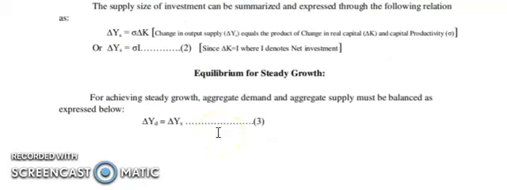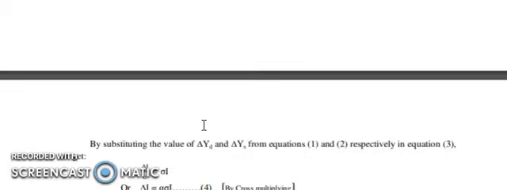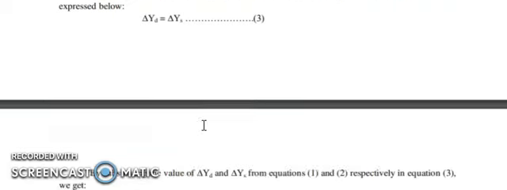Equilibrium for steady growth: for achieving steady growth, the aggregate demand and aggregate supply must be balanced, as expressed below. Delta Yd equals delta Ys. Demand side and supply side are equal.